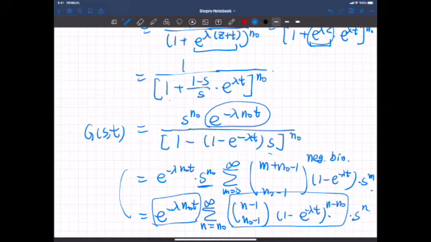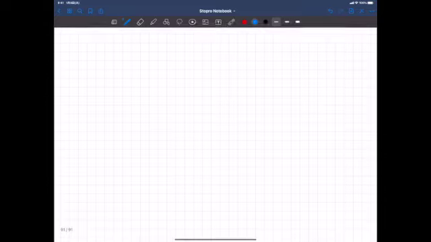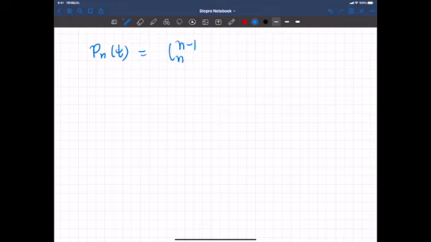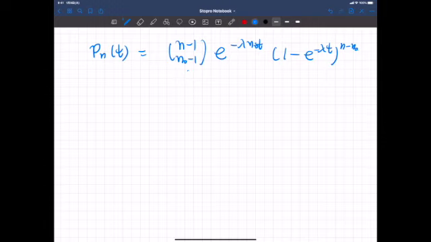The summation starts from n0, and after all, we should have P_n of t equal to (n minus 1 choose n0 minus 1), a combination, of course, times e to the negative lambda n0 t and (1 minus exponential lambda t) to the n minus n0. This is, of course, for the case where n is greater than or equal to n0.